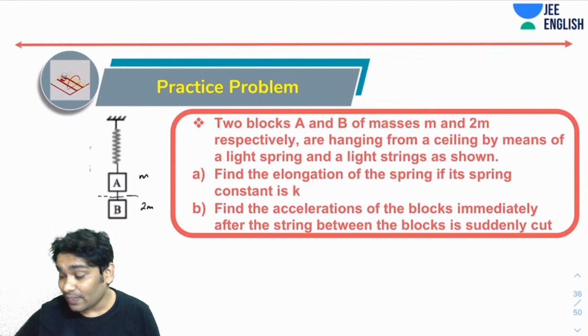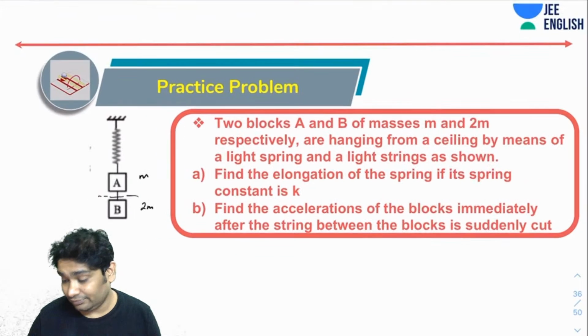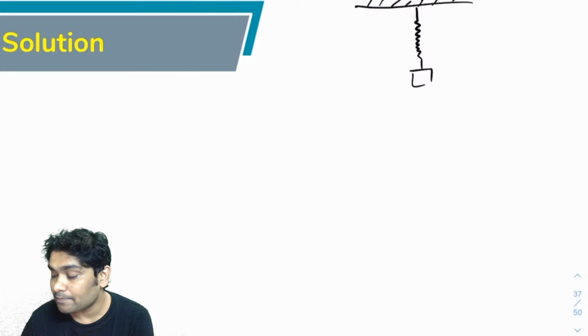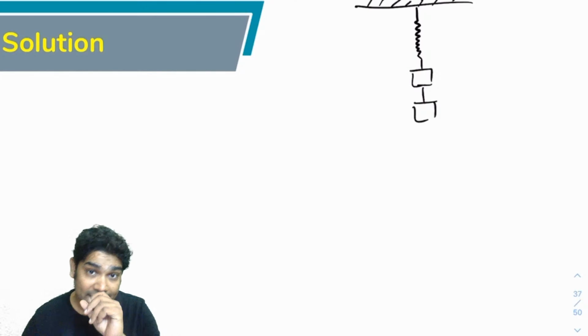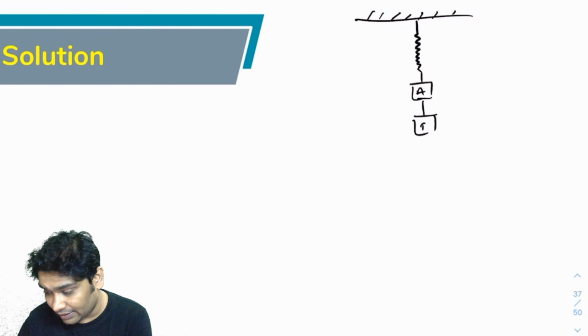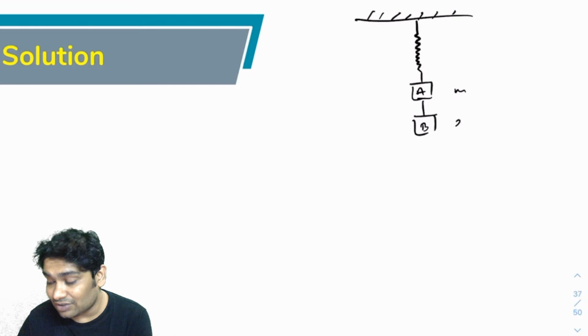Okay. So first of all, the reason why I wanted to discuss this problem was that I had told you earlier also that the spring force cannot change instantaneously. So before it is cut, both A and B are at rest. Since they are at rest, their acceleration is zero. I can take this as one system.